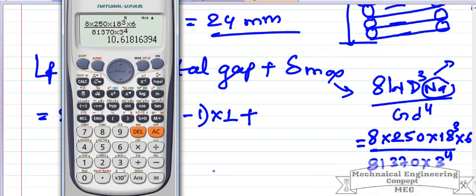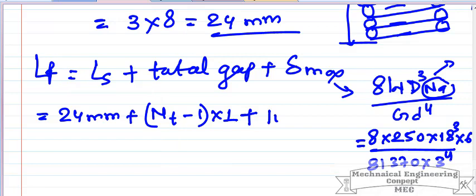The value will be 10.61. If we put 10 here, then the free length will change, because Na is not 5.65. Na is rounded. I have taken the standard value of 6.